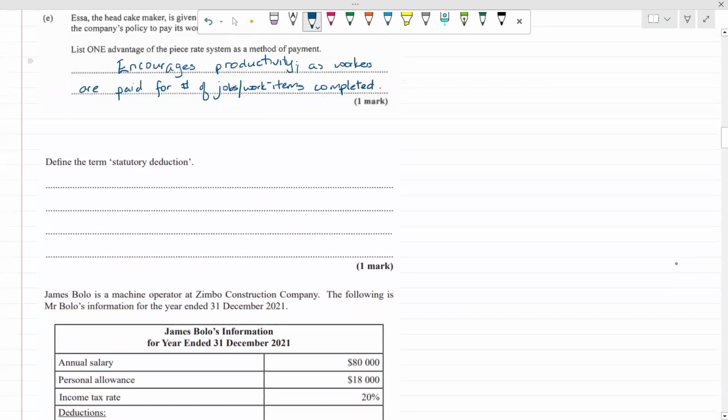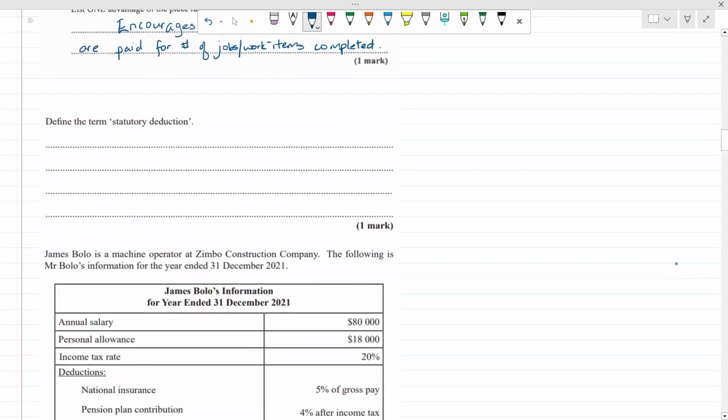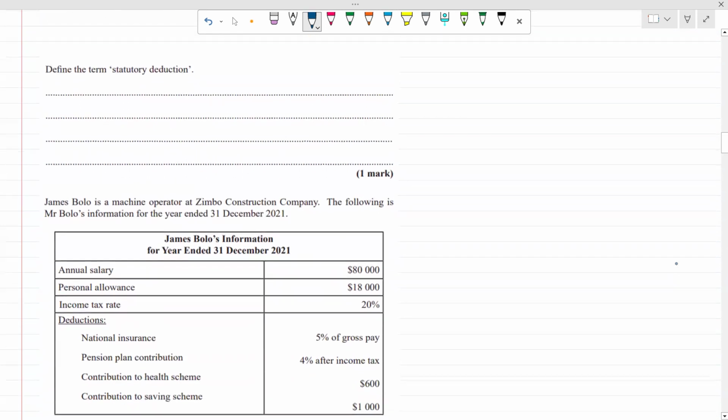Here we have this other question. Define the term statutory deduction, right? Statutory deduction.